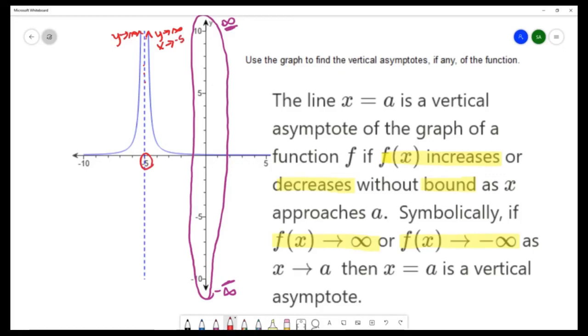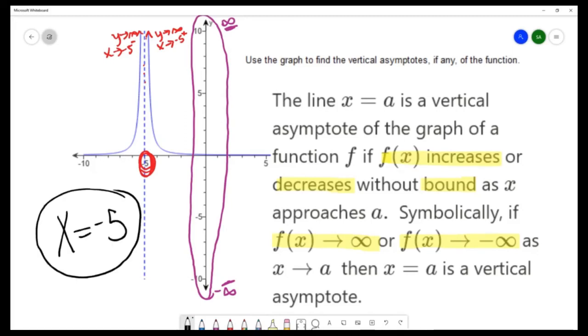We use a little plus sign when it's above the number, and x is approaching -5 from below the number. We use that minus sign when we're below. So on this graph, because y is approaching infinity as x is approaching -5, we can say that the graph has a vertical asymptote at x equals -5. So that's the location of our vertical asymptote.